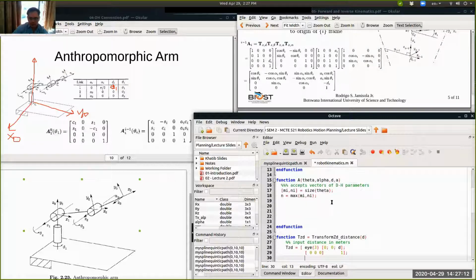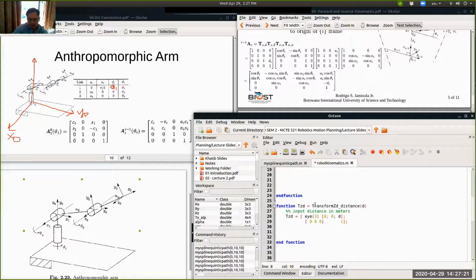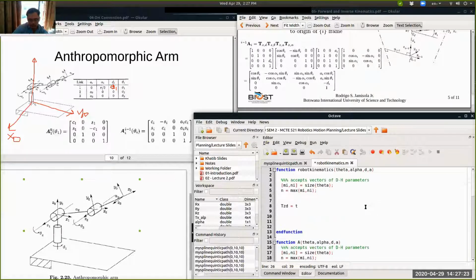Okay, let's check if we run, for example, TZD is equal to transform. Let's see if this is correct in terms of the size. D, for example, D1. It will give you TZD. And then let's input robot kinematics of alpha.